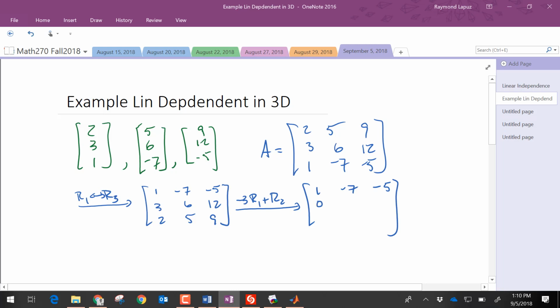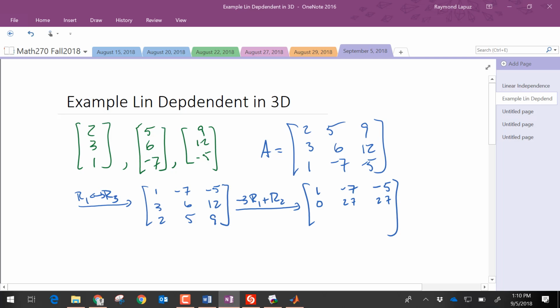So this is -3 plus 3 is 0. -3 times -7 is +21. 21 plus 6 is 27. -3 times -5 is +15. 15 plus 12 is 27 also.